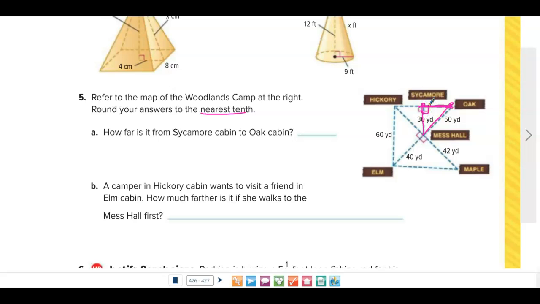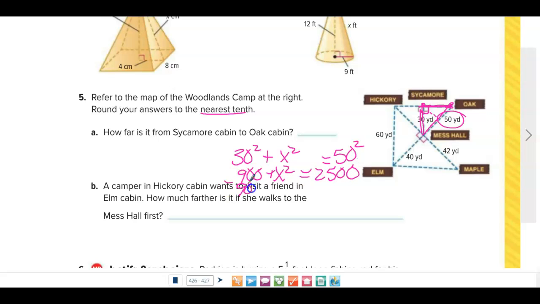My right angle is right there, so my hypotenuse is going to be the opposite. So I'm given the hypotenuse, which is 50 squared. And then I have this side, which is 30 squared plus x squared, or b squared, whatever you want to write. I do 30 squared, and I get 900 plus x squared equals 50 squared is 2,500.